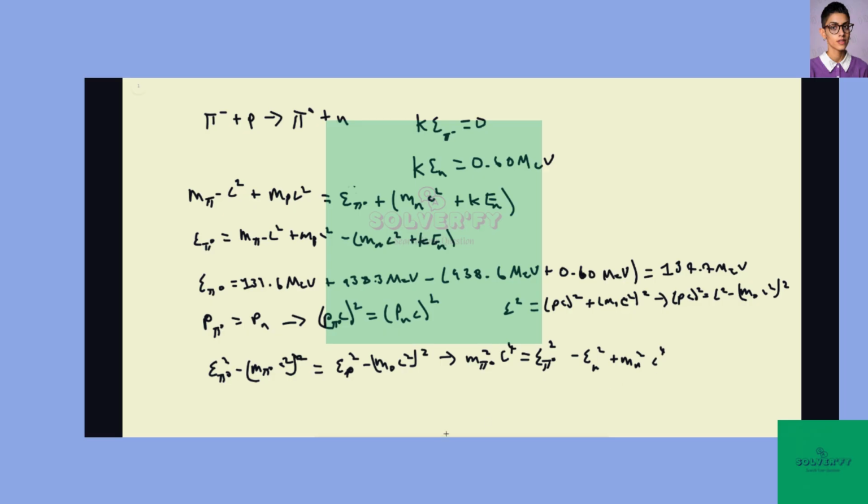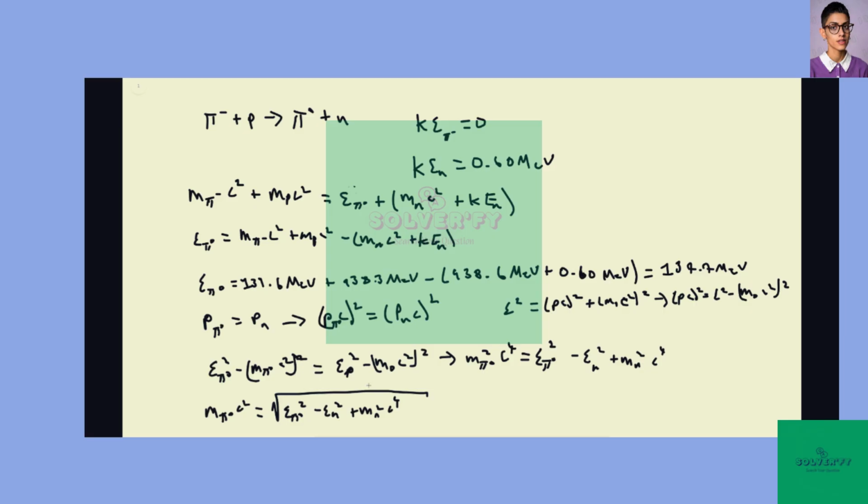So now we can say m pi 0 c squared is equal to the square root of E pi 0 squared minus the total energy of the neutron squared plus its rest mass energy squared.